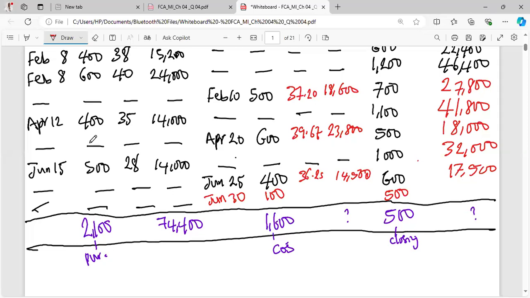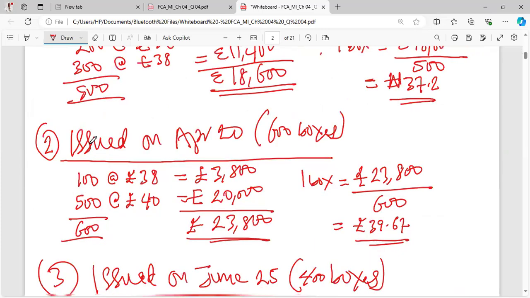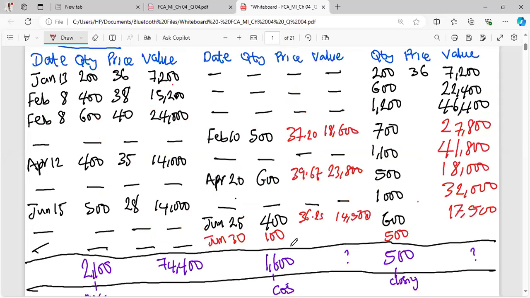The remaining 100 that is being charged as stolen will be at this remaining 35 naira here, because it was 400 before and we've taken 300. So this 100 will simply be at 35.